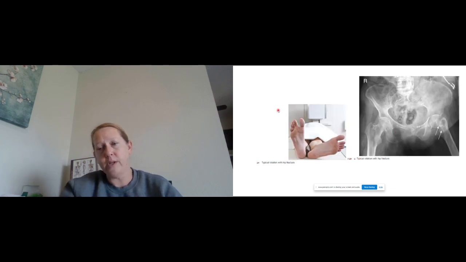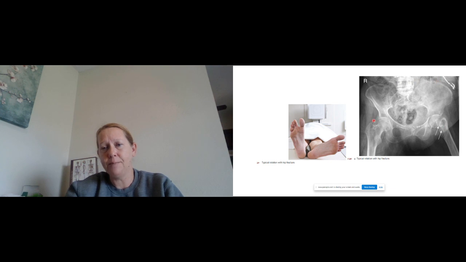So here's what we were talking about, which is typical of a hip fracture. A person's foot will usually be rotated outwards. They will not be able to move their leg. And it may be longer or shorter in this case than the other leg. Right here, I can see that this side is up just a little bit, but that's understandable in comparison.